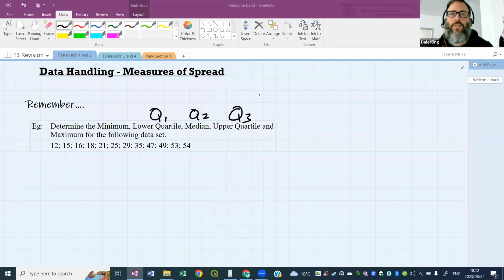You got to know how to do quartiles, eh? Ben's already got his quartile up there. Ben, you must check your answer there. Yes, min and max, easy enough.